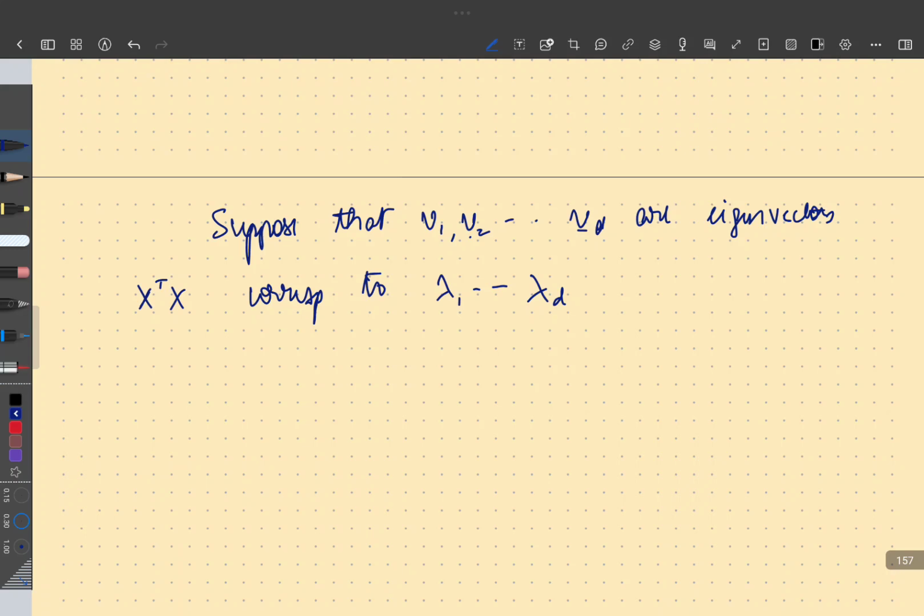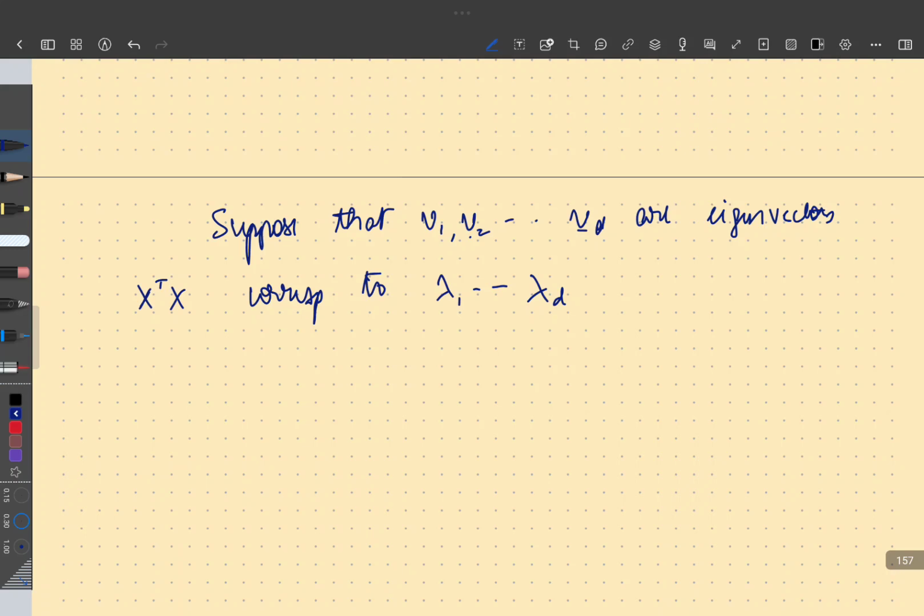So lambda 1 up to lambda d are some arbitrary eigenvalues. They don't necessarily have to be the top d eigenvalues, but that's what we're really interested in. And let's say that V1, V2 up to Vd are the eigenvectors corresponding to these d eigenvalues.